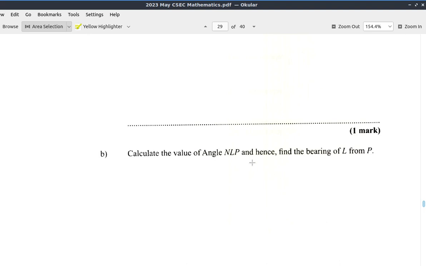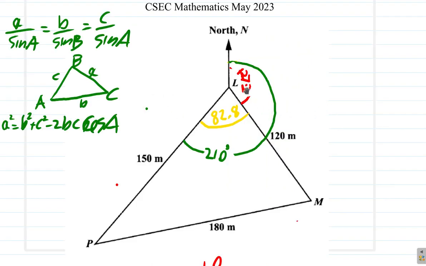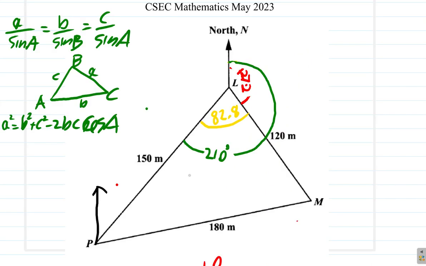And then they say, hence find the bearing of L from P. L from P. From P means you're going to now draw your north line at P, right? And they want the bearing of L from P. That means this angle they want, right?